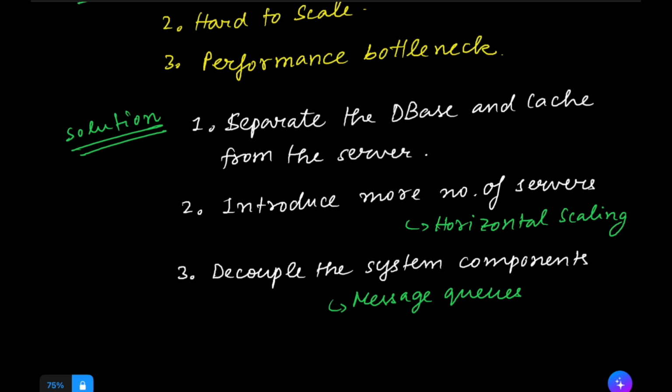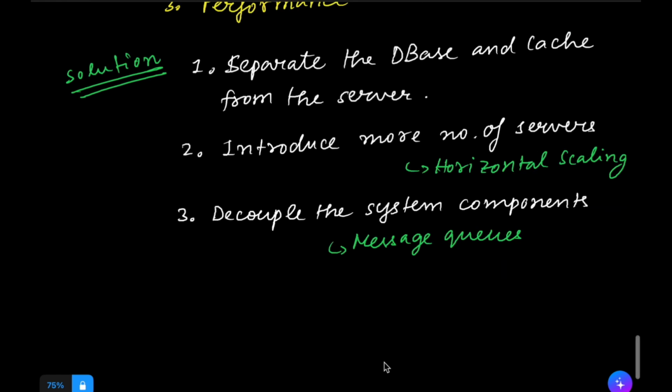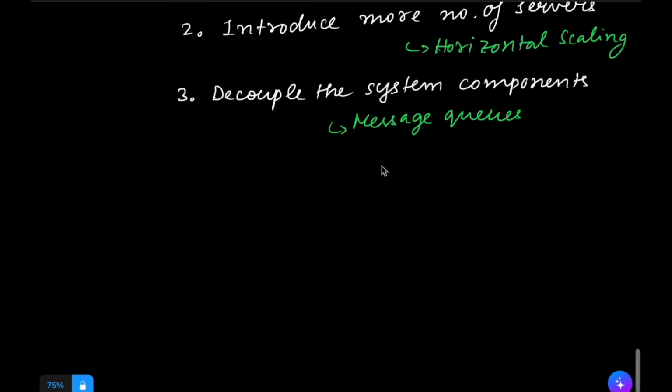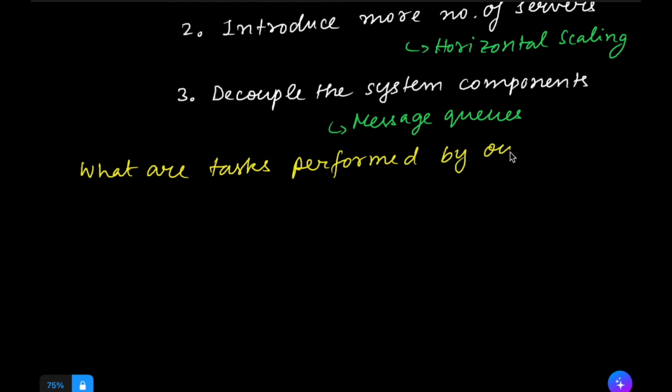So what the notification system does is it provides APIs for our services to send notification. So let's summarize the tasks performed by our notification system.